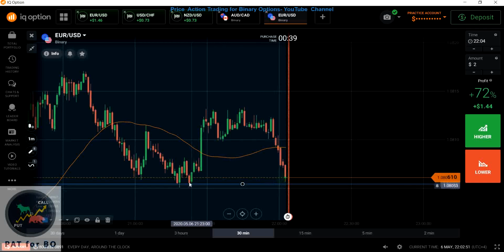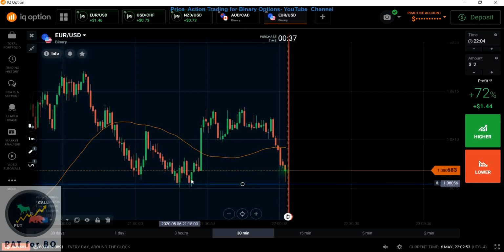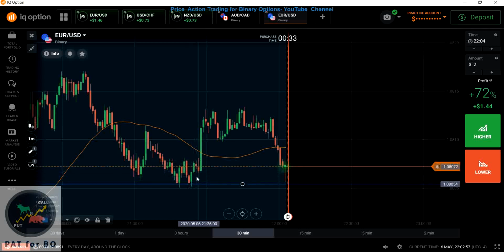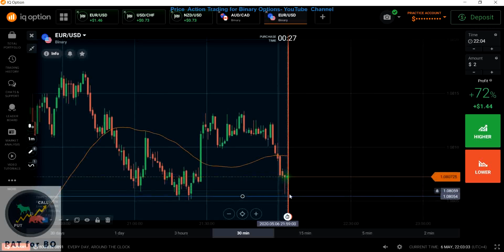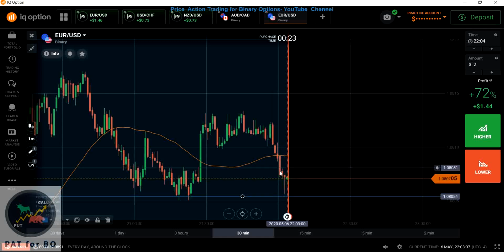Now at this part, I'm already seeing some buyers coming in from here. Already they have come, and I'm seeing a strong rejection also from here. So that means here it might reverse. It will not reverse here. Very rarely you might get one green candle here, and then again it will go down.